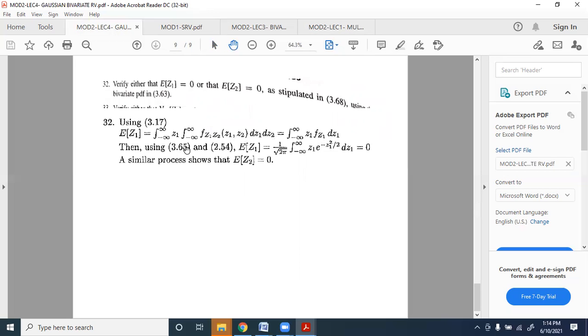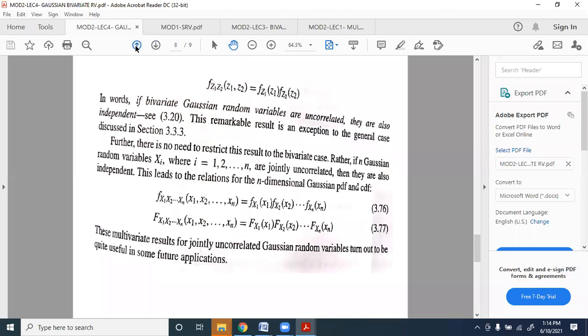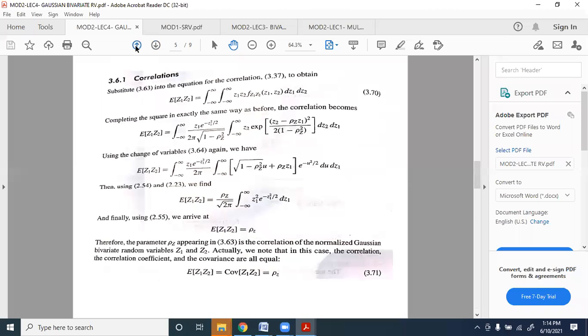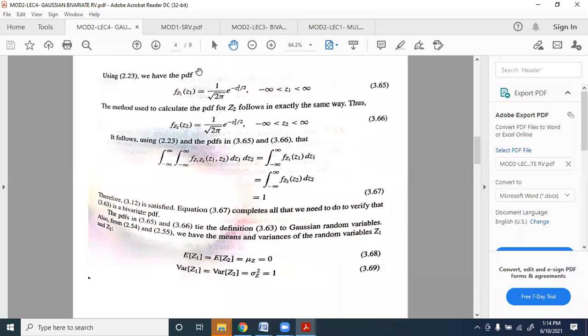Then using 3.65, okay, 3.65 is here, right?